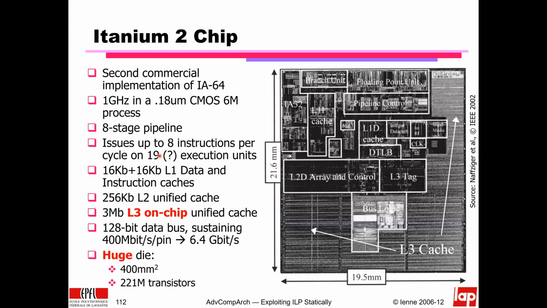So I'm basically finished with this Itanium chip, and maybe we need to move on to some of the conclusions. One of the things that you could observe when Itanium 2 existed, almost 20 years ago, in the second commercial implementation that came out, is that at the time it was the only processor ever that had an L3 on-chip cache.